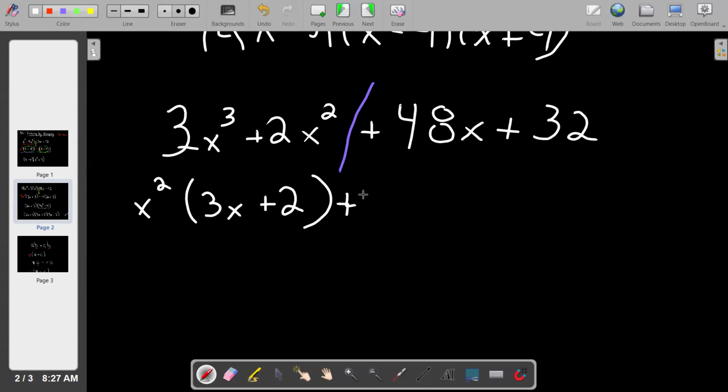Oops. Good save. 8, 16. I'm assuming it goes in 3 times. Yep, 48. Absolutely, that's a good assumption. It might be a one step or.